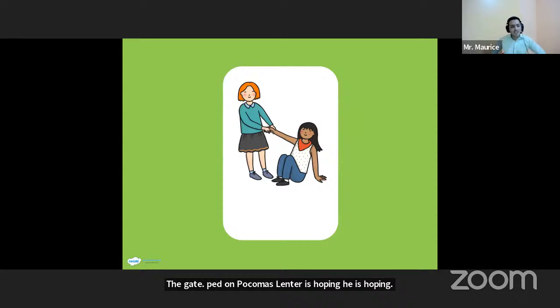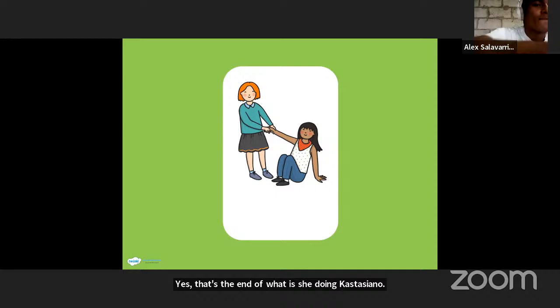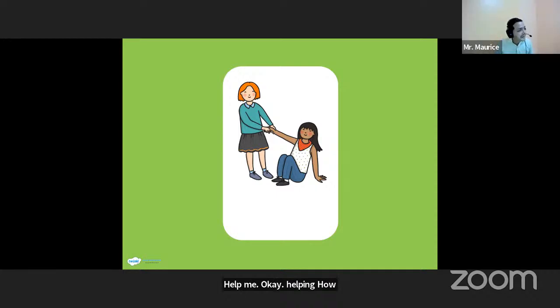Okay, what is she doing? ¿Qué está haciendo? Helping. Okay, helping, ayudando. Okay, but en inglés no es muy común utilizar un verbo que no tenga acción. Ayudando, quizás en nuestro idioma sí, but in English it's no.